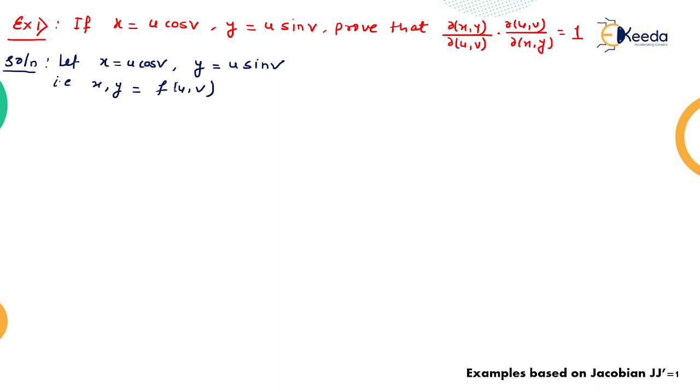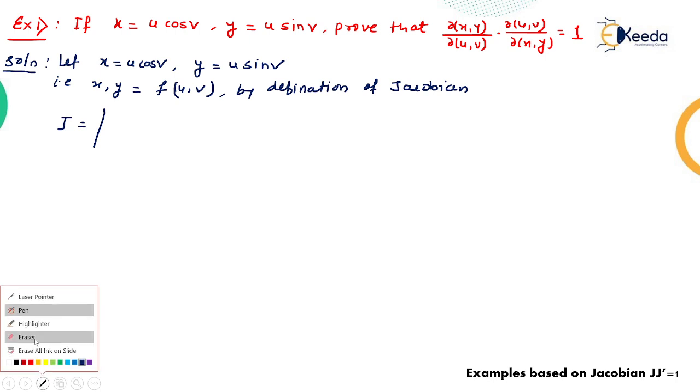Therefore you have to immediately find its definition. So you know by the definition of Jacobian, you know very well the definition of Jacobian, it is nothing but capital J, and J is nothing but a determinant of.